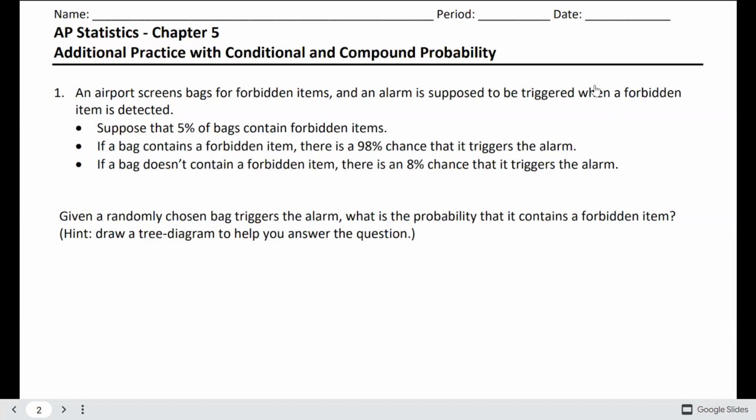The alarm was triggered. So my denominator is the probability that the alarm went off. How many different ways could the alarm be triggered according to our tree diagram? Two different ways. It gets triggered if you did pack something forbidden. Sometimes it gets triggered if you didn't pack something forbidden. But both of those probabilities have to go into my denominator.